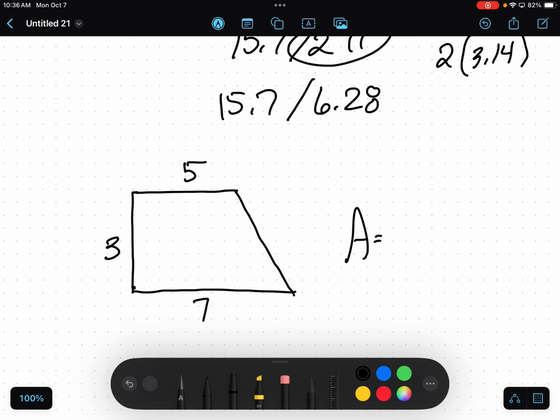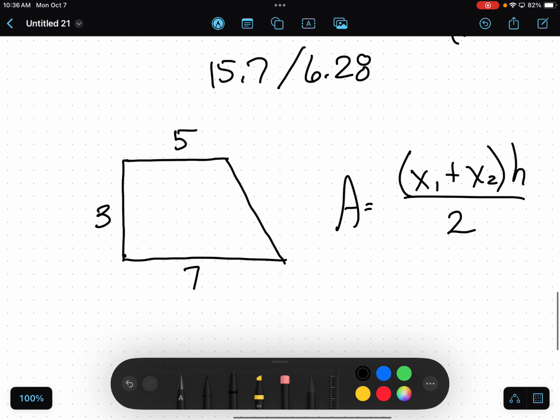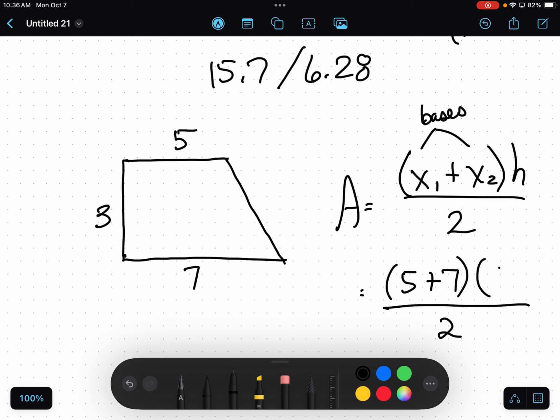And if you look at what I gave you on that sheet, it says x1 plus x2 times by height divided by 2. The x1 and the x2 are bases. So those are the bases. So how big are my bases for my problem? 5 and 7. So 5 plus 7. What's the height of the shape? 3.